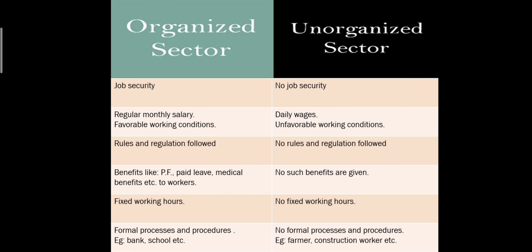Moreover, in organized sector, we are having fixed working hours, whereas in unorganized sector, there is no such condition. All the formal processes and procedures are followed in the organized sector, whereas no such processes are followed in the unorganized sector. So you can see that from workers' point of view, the organized sector is the best one, whereas unorganized sector is not good.